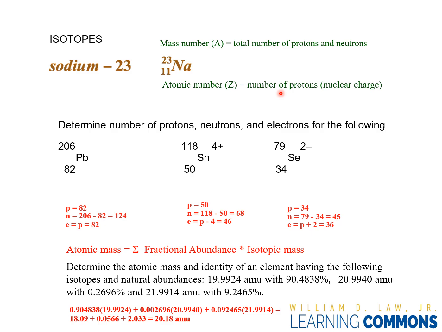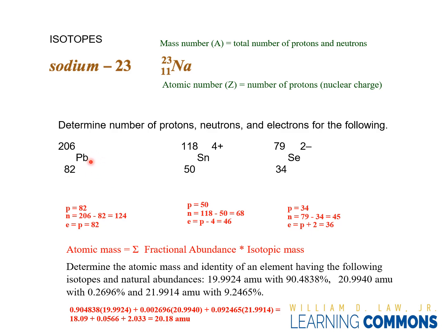For this example, determine the number of protons, neutrons, and electrons for the following elements. If you see lead, it has the mass number 206. This 206 is the protons plus the neutrons. And the bottom number 82 is the number of the protons.